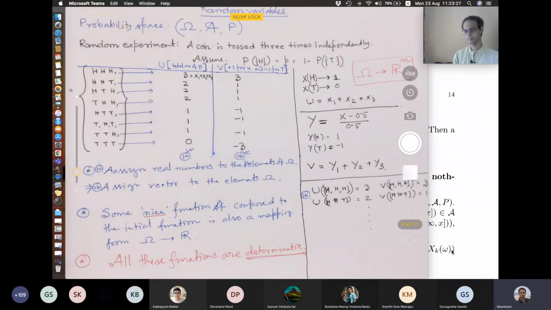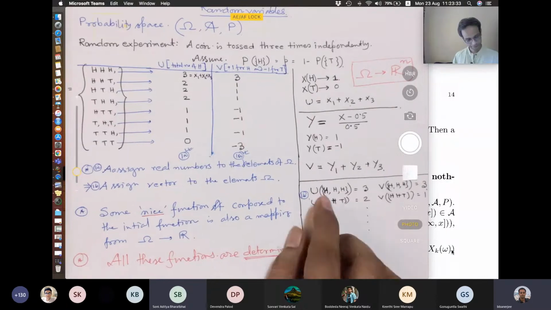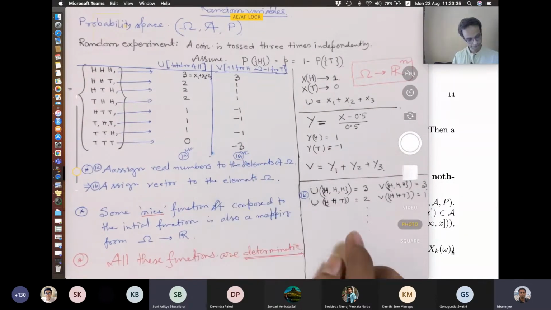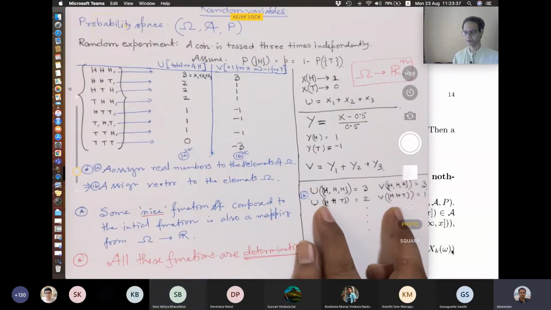Sir, in the example of 1b, we are taking the value of u comma v as an ordered pair, right? Yes. Sir, then is it necessary that to each outcome a unique vector must be assigned, or can we assign the same vector to multiple outcomes? I didn't get your point.